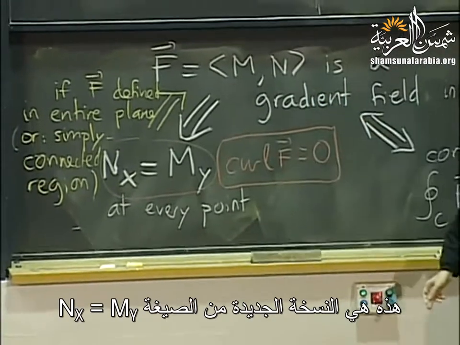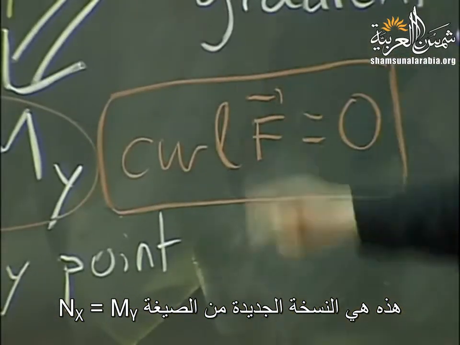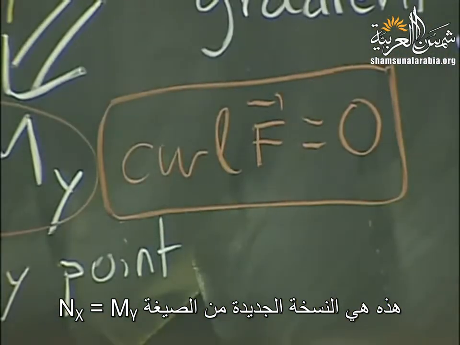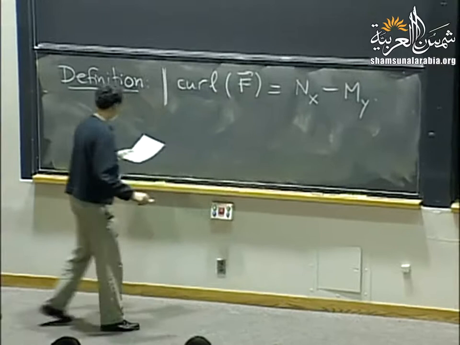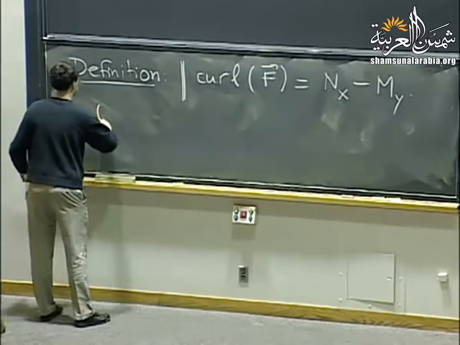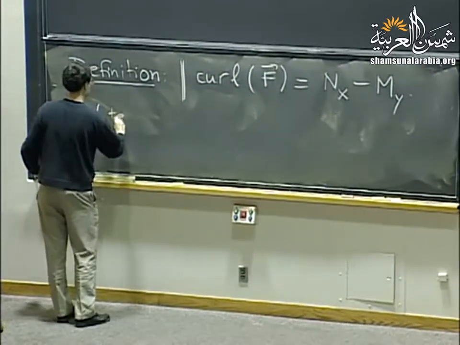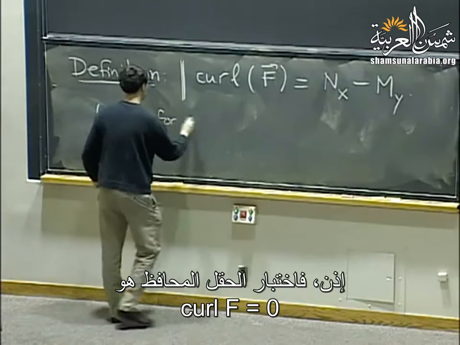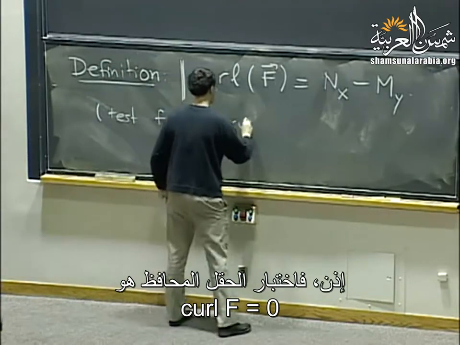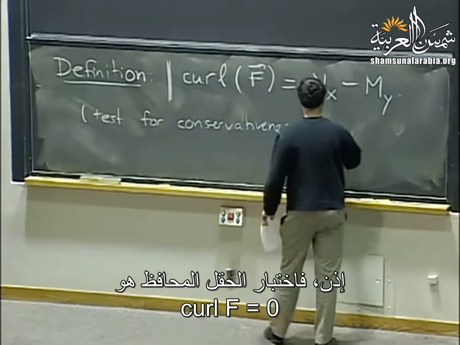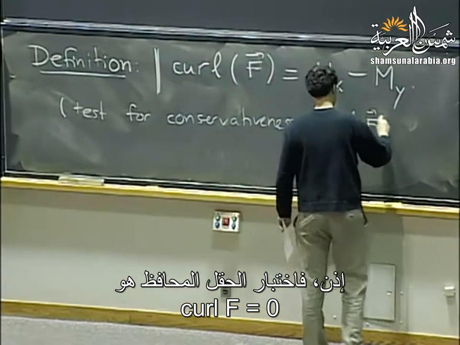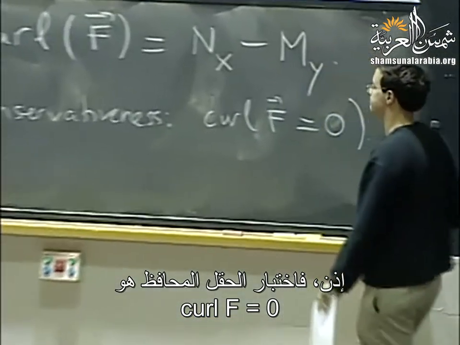That's the new version of n_x equals m_y. So it measures failure of a vector field to be conservative. So the test for conservativeness is that the curl of f should be 0.